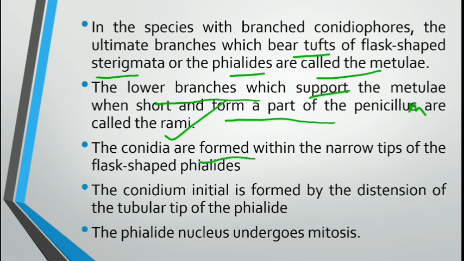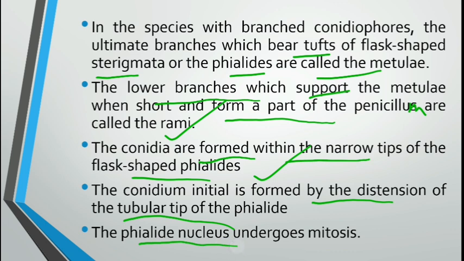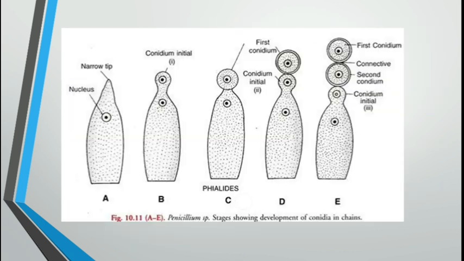The conidia are formed within narrow tips of flask-shaped phialides. Conidium initials are formed by distension of the tubular tip of the phialide. The phialide nucleus undergoes repeated mitosis. So these are the phialides, and by repeated mitosis, the conidia develop.